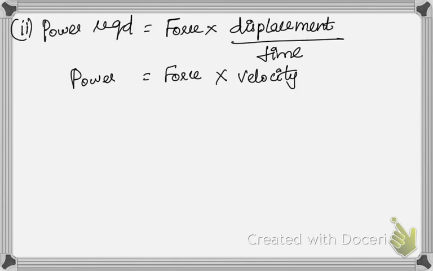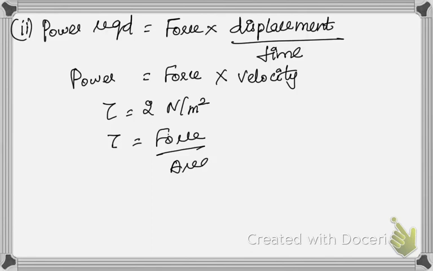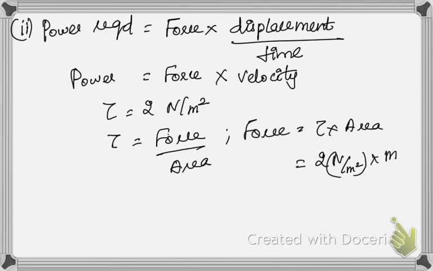So force value, tau is given as 2 Newton per meter square. So from here we are getting the force value. Shear stress is equal to force by area. So force will be equal to tau into area, which is 2 Newton per meter square into area in meter square. They have given in the problem as 2 Newton per unit area.